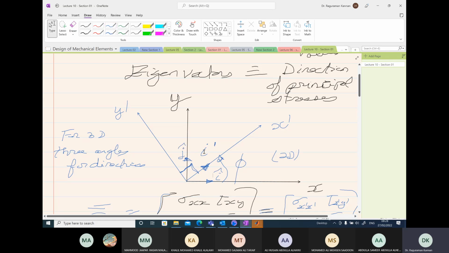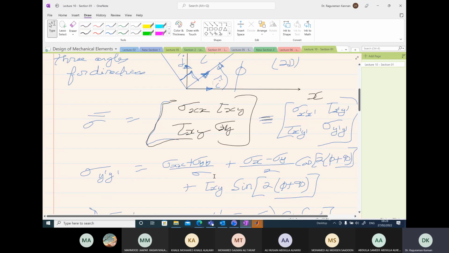I prime can be obtained in terms of i cap and j cap. And in the same way, we can obtain particular directions in 3D in terms of i cap, j cap, and k cap values.